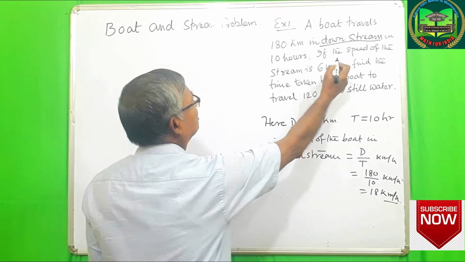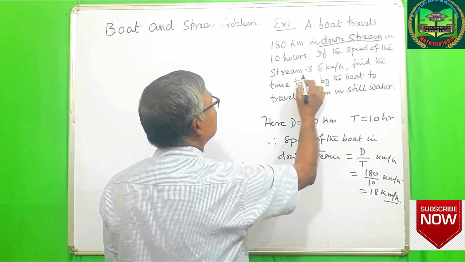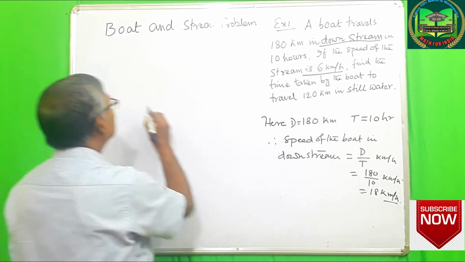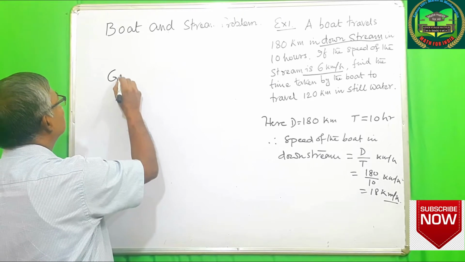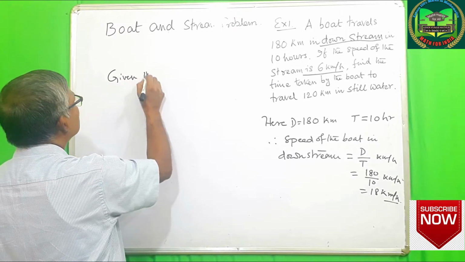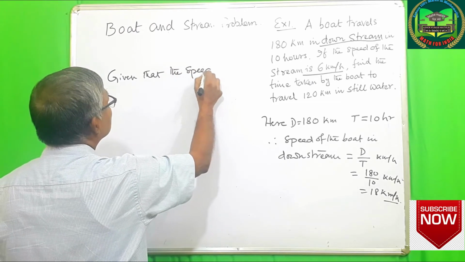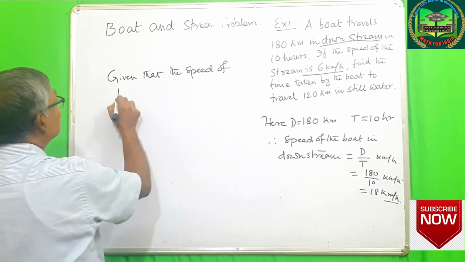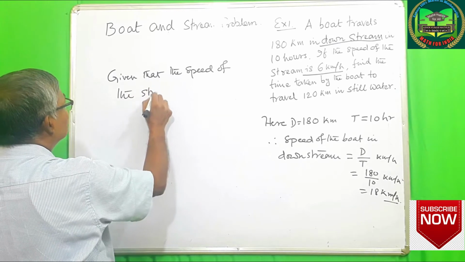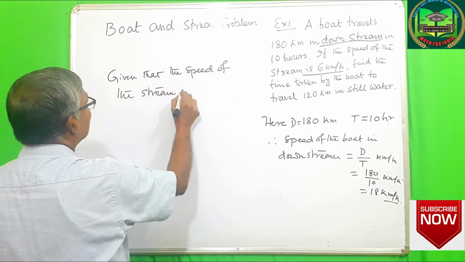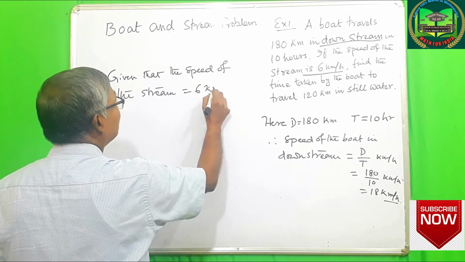Here, the speed of the stream is 6 kilometer per hour. Given that the speed of the stream equals 6 km per hour.